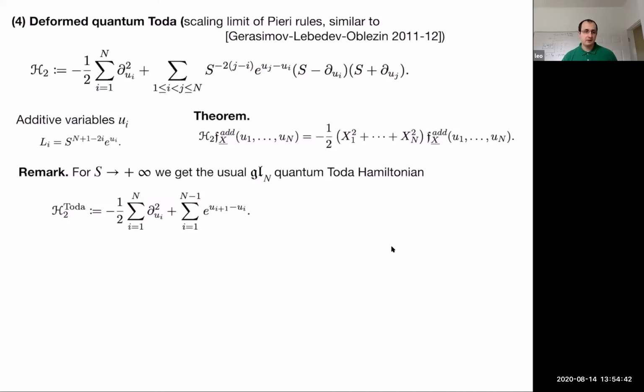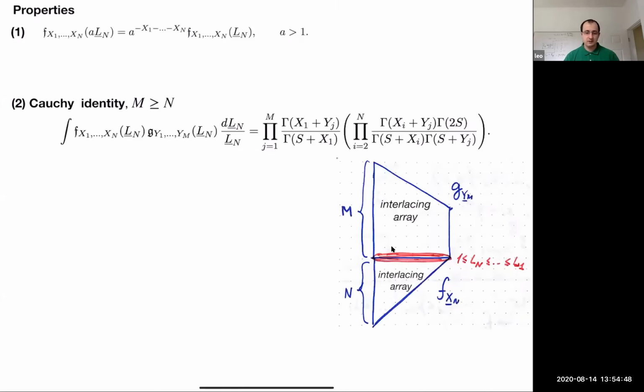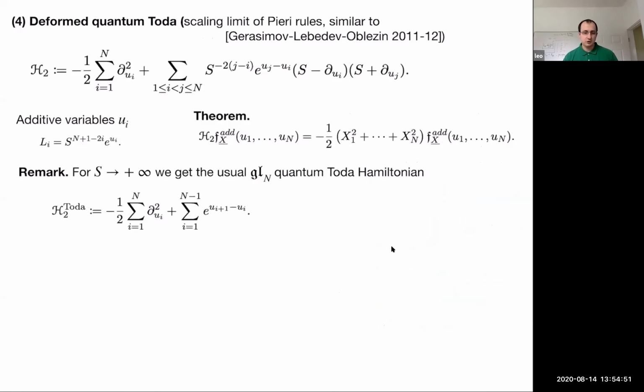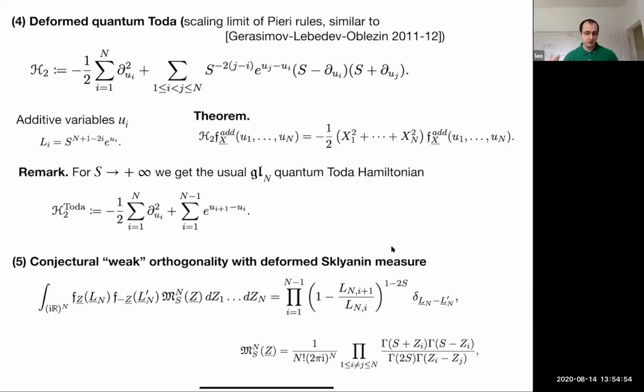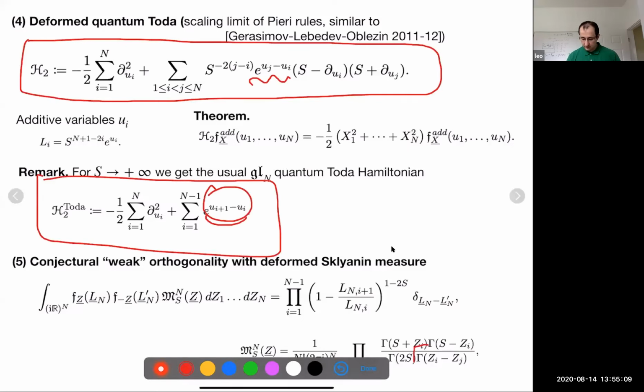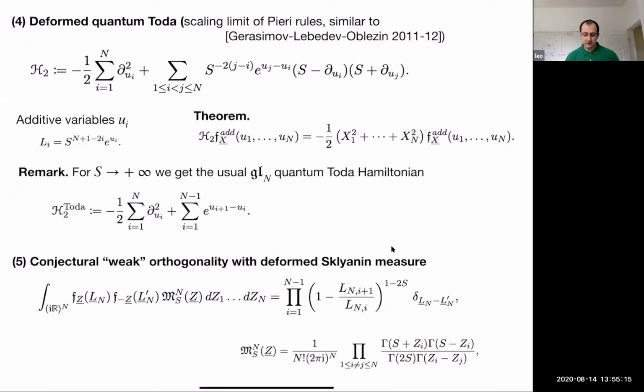As with every family of nice symmetric functions, there should be orthogonality. One orthogonality is given by the Cauchy identity, but there is another orthogonality which involves integration with respect to the variables, and it's known that Whittaker functions are orthogonal with respect to integrals including the Sklyanin measure. The Sklyanin measure contains only 1 over gamma of z minus z, and our deformation of the Sklyanin measure would involve 4 gamma factors, and we hope that there is an orthogonality of the spin-Whittaker functions.